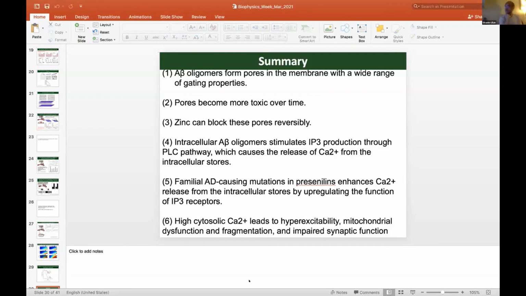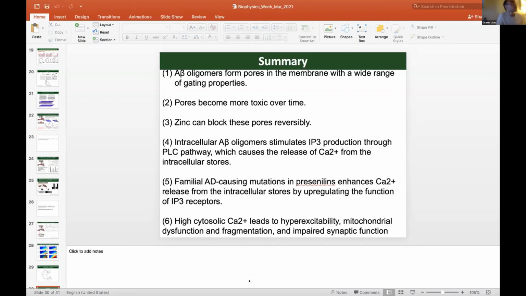So the answer to both questions is no. We haven't actually taken the depletion and the store operated calcium entry into account at this point. We just basically finished the three separate components. So we have two papers that are going to be submitted hopefully in the next month or two on just the A-beta modeling and analysis, and also their evolution. We published the IP3 receptor sensitization part already, so that has been done.